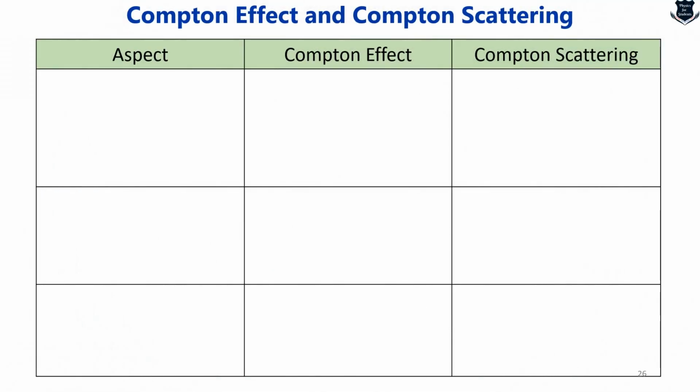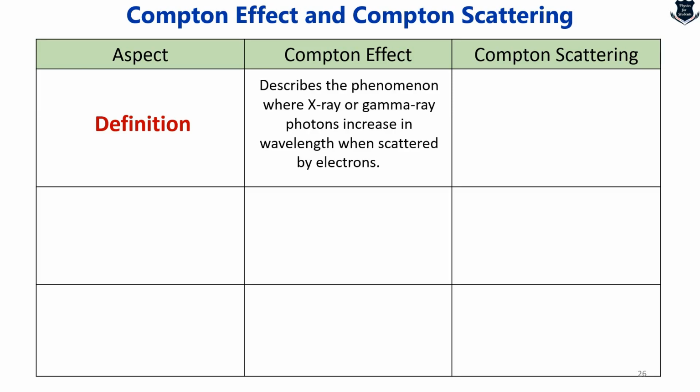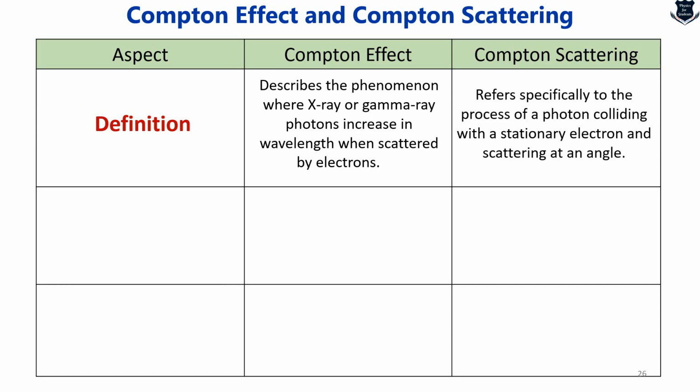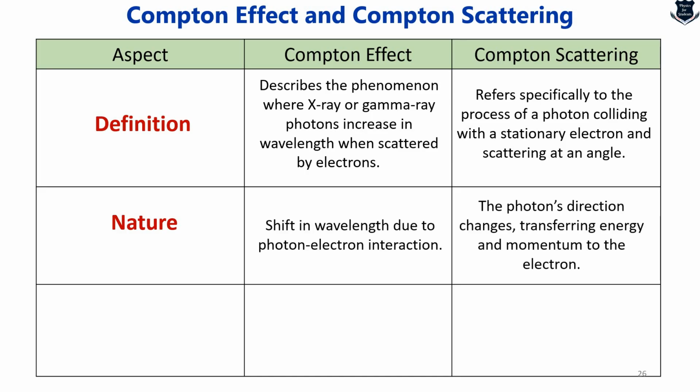Now, if I go first with the definition part, this describes the phenomenon where X-ray and gamma ray photons increase in wavelength when scattered by electrons. And this refers specifically to the process of a photon colliding with a stationary electron and scattering at an angle. If I go by the nature, there is a shift in wavelength due to the photon-electron interaction, and here the photon's direction changes, transferring energy and momentum to the electron.